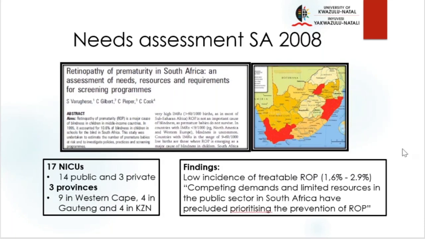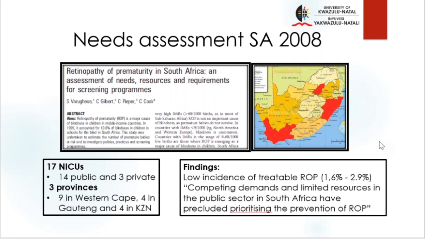In 2008, a needs assessment was performed in South Africa, at the time that needs assessments were done in other parts of the world as well. Claire was involved in this, and they looked at 17 neonatal intensive care units in South Africa, 14 of which were in the public sector and 3 in the private sector. And they were in the 3 provinces I've just mentioned: Gauteng, Western Cape, and KwaZulu-Natal.